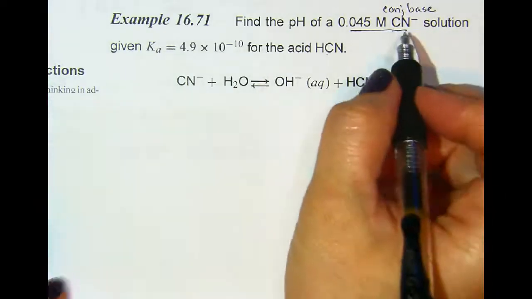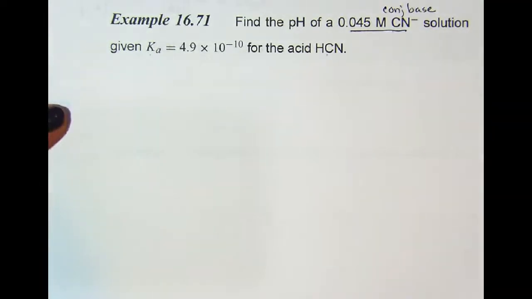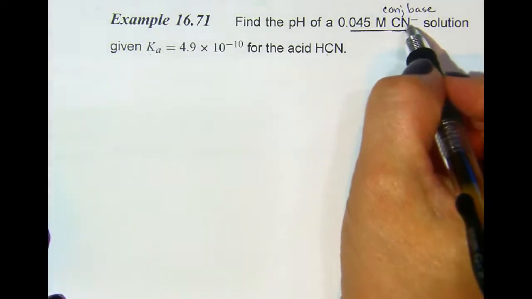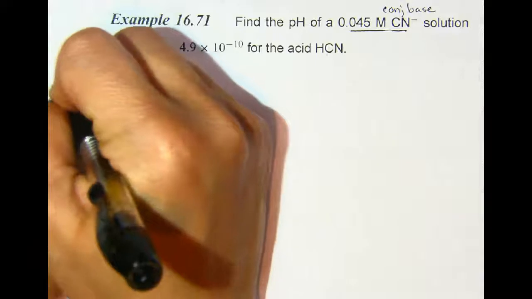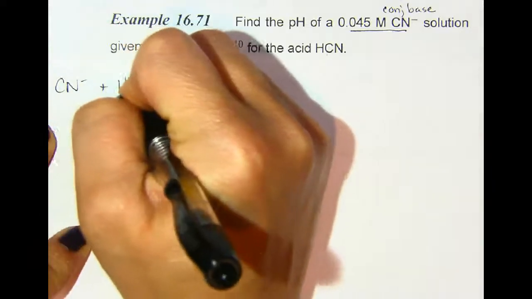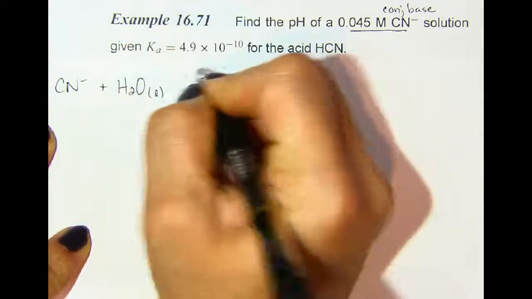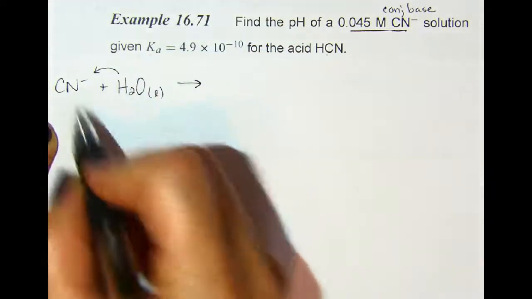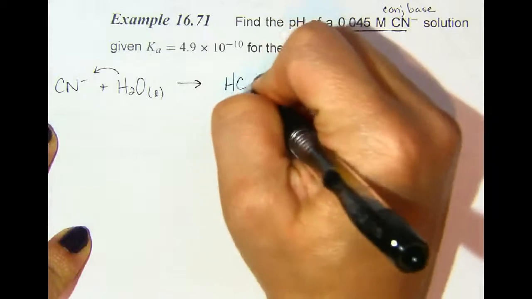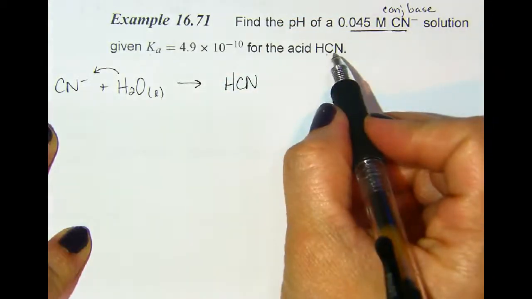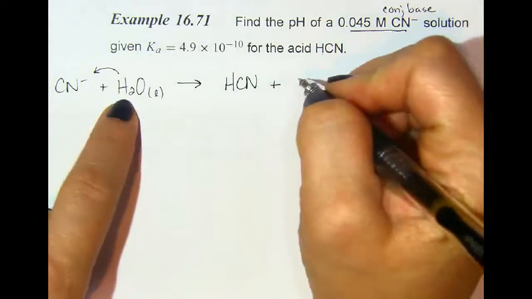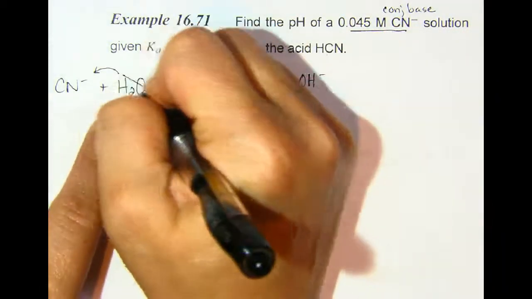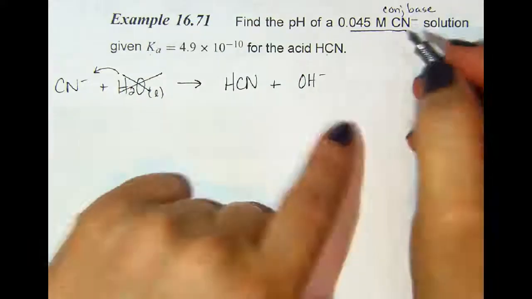So you always want to take, now you may not be given this equation, so you might be expected to write the equation, and you should know that you want to take the conjugate base and put it in water, H2O liquid, which yields, realize that the water is going to donate the hydrogen, HCN, which is our original acid, plus, when this gets rid of a hydrogen, we'll end up with hydroxide. Remember that water is not included in our equilibrium.